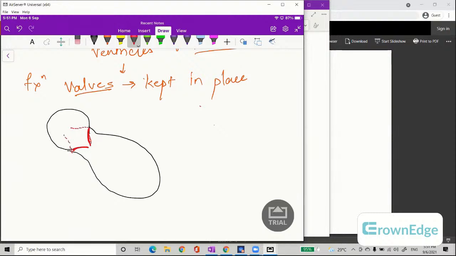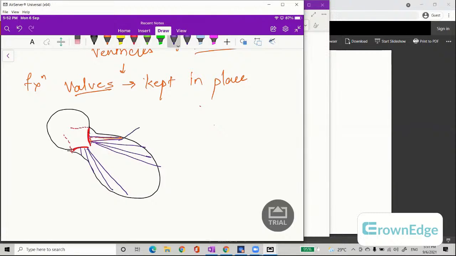If this happens and the heart contracts, the blood can go in the reverse direction. There must be some arrangement so that these are kept in place. What is the arrangement we have? We do have the chordae tendineae, so that the backflow of the blood will be prevented.